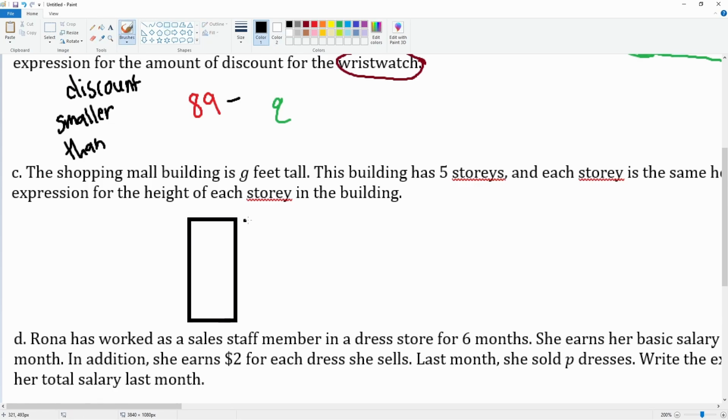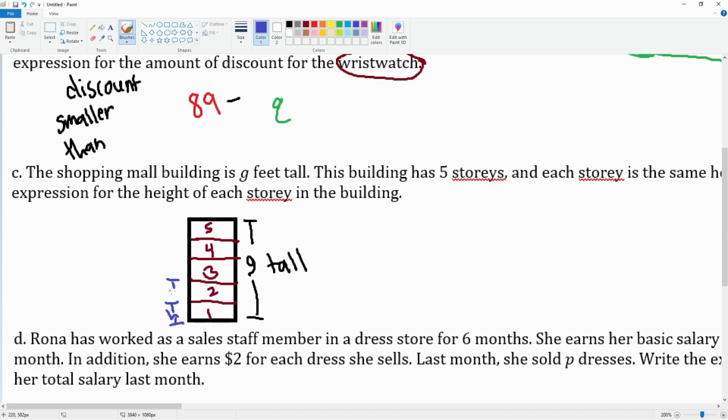Right now it is G feet tall, and we want to have it into 5 stories. Here's the first story, here's the second story, here's the third story, here's the fourth, and here's the fifth. We're trying to find the height of each story, so we're trying to find this height here.